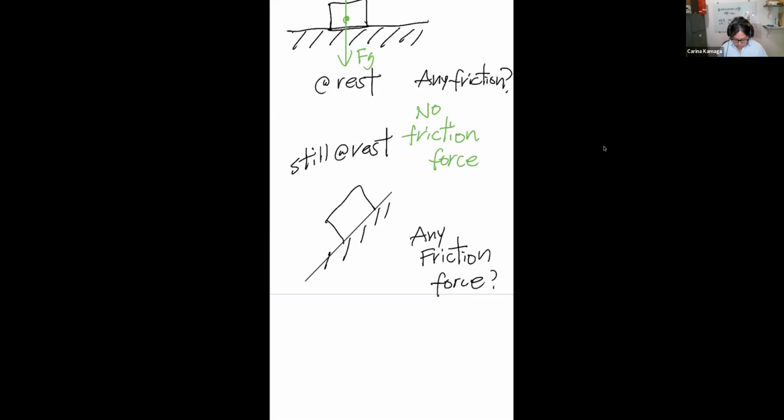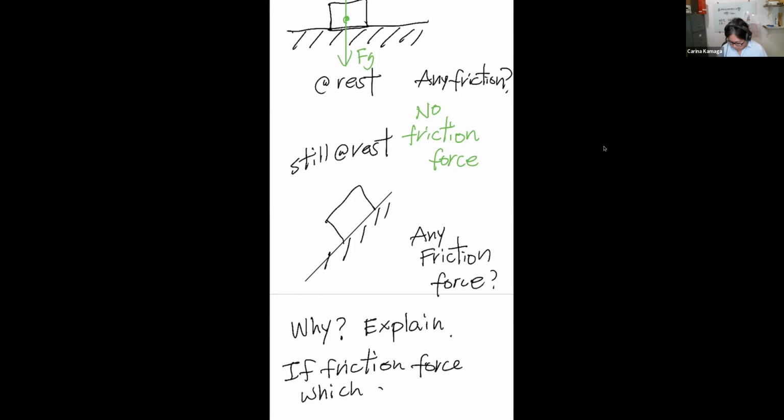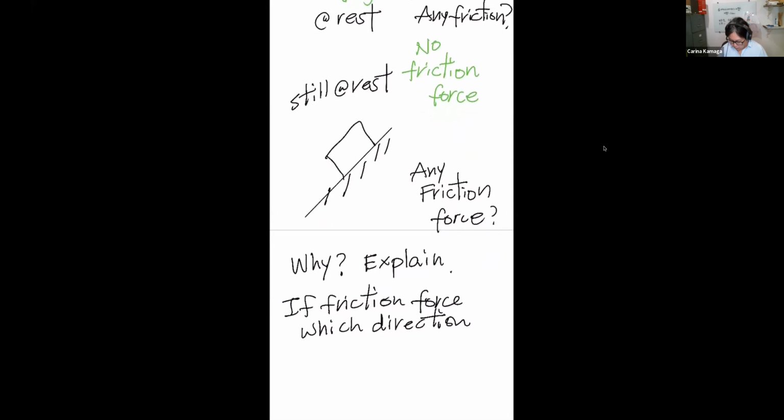Is any friction force applied while it's at rest? If there is a friction force or no friction force, explain why. And if a friction force is applied, in which direction? What is the direction of the friction force, do you think? And then how large?